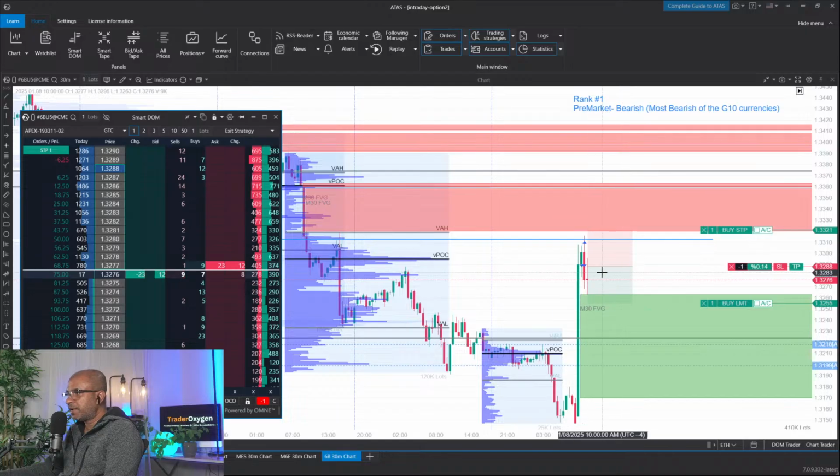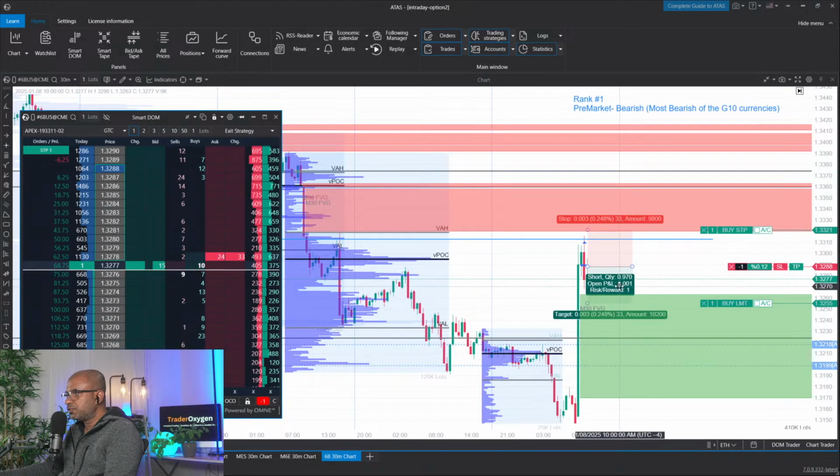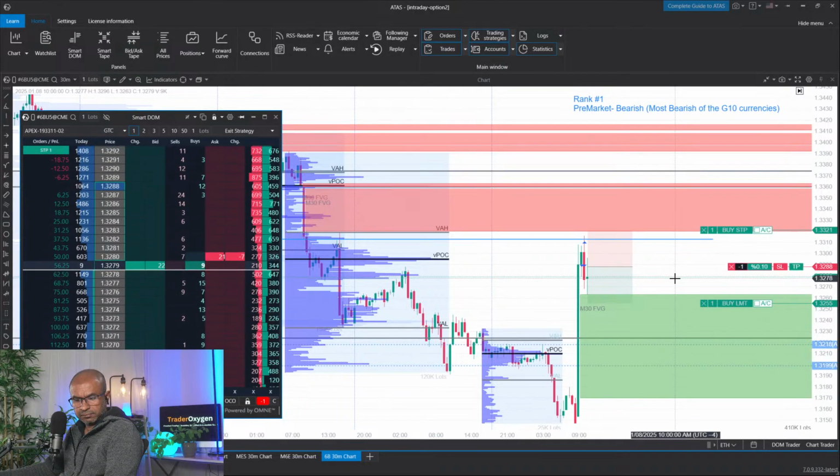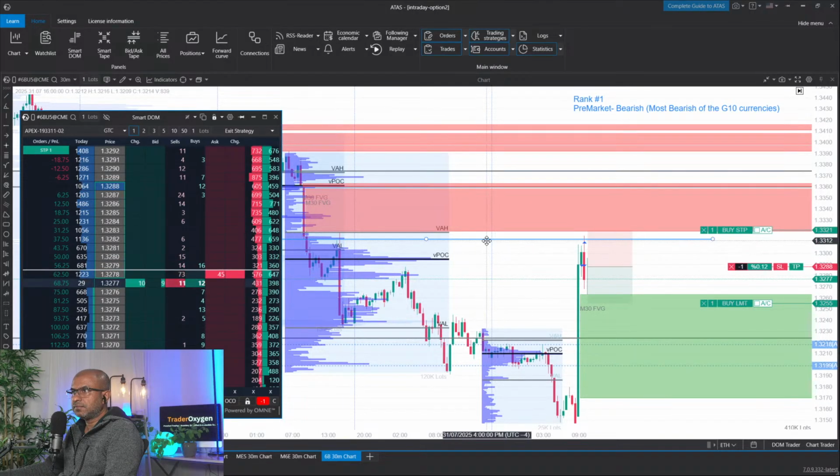And you can see now the price strongly again pushing down in this area. Look at it, it's making a wick. And you can see negative change of the bids.